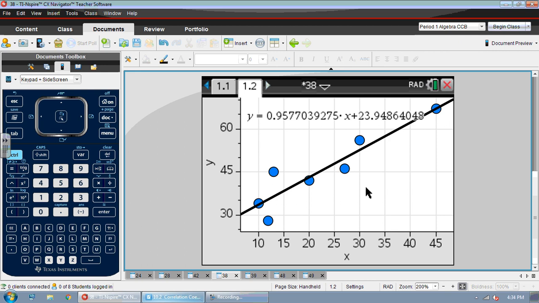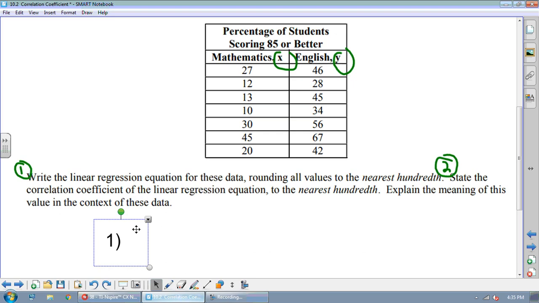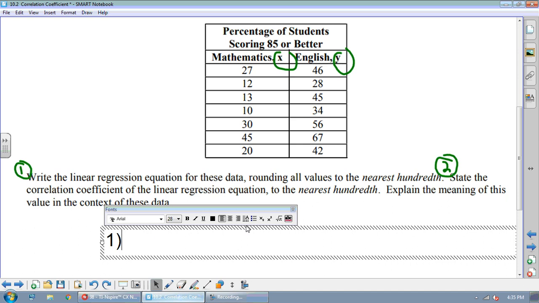We are asked to round to the nearest hundredth, which is 2 decimal places. 0.95 will turn into a 0.96 because of the 7. And 0.94 will turn into a 0.95 because of the 8. So my regression equation becomes y equals 0.96x plus 23.95.